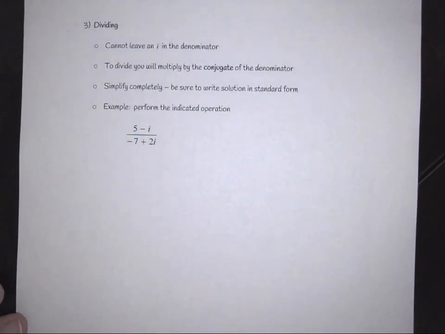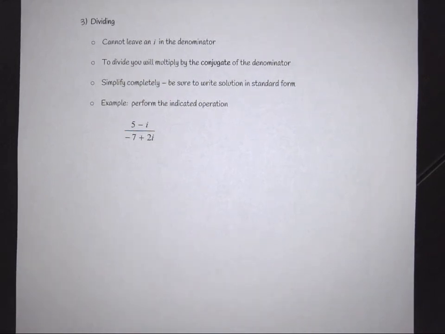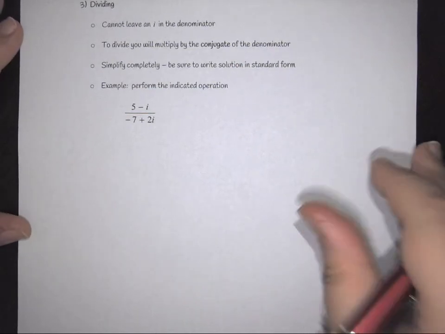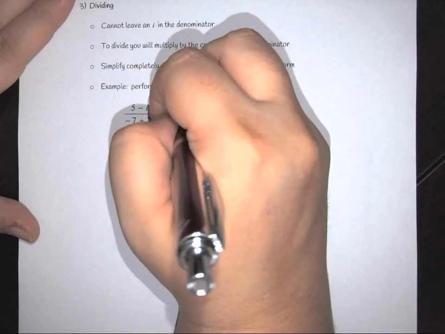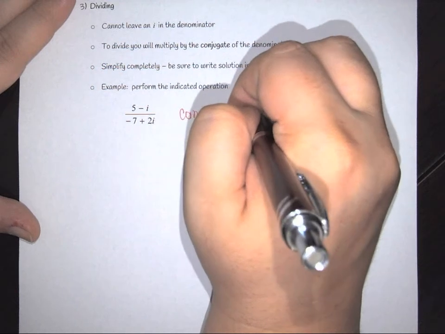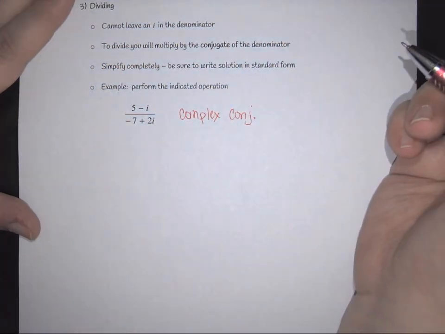Now all of that leads us up to dividing. Dividing says you cannot leave i in the denominator. So in order to divide, you have to multiply the top and bottom of your fraction by the complex conjugate. So here, when we're looking for the complex conjugate, you need to pay close attention that you use the right one.